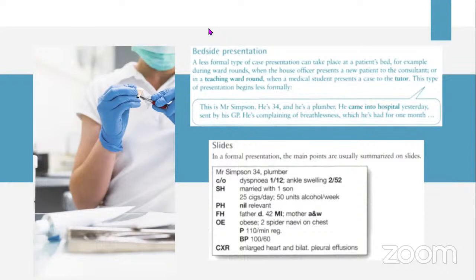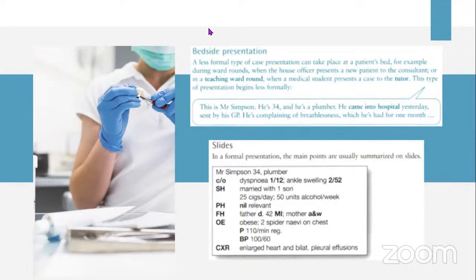Mr. Simpson, 34, plumber, CO dyspnea 1/12, ankle swelling 2/52, SH married with 1 son, 25 cigarettes per day, 50 units alcohol per week, PH nil relevant, FH father died 42, myocardial infarction, mother A and W, OE obese, 2 spider naevi on chest, pulse 100 per minute regular, blood pressure 100/60, CXR enlarged heart and bilateral pleural effusions. Okay, thank you so much.